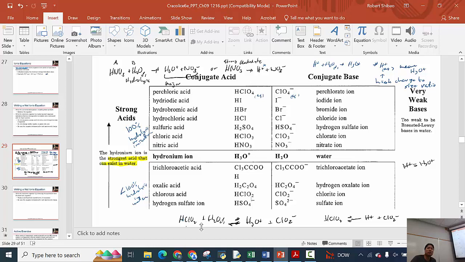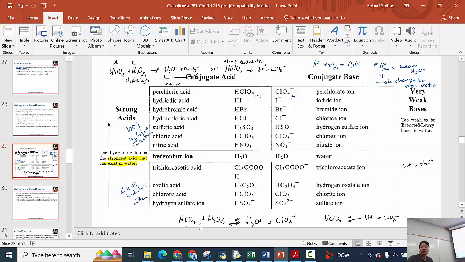H plus alone is not going to exist in water. Why? Because it has too high of a charge to size ratio. It's tiny. Tiny size. The charge is not so high. The charge is only +1. The problem is it's concentrated in a tiny volume, in a minuscule volume.